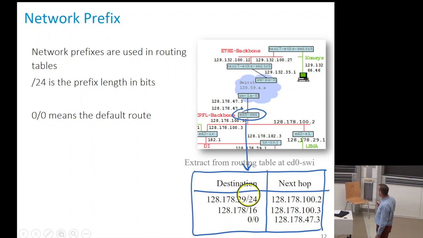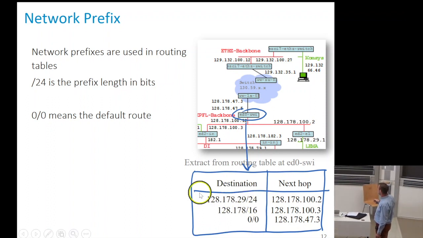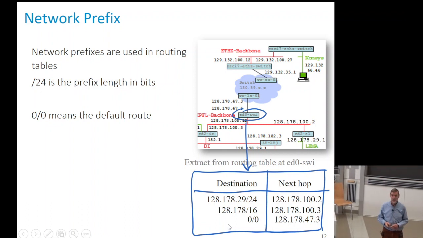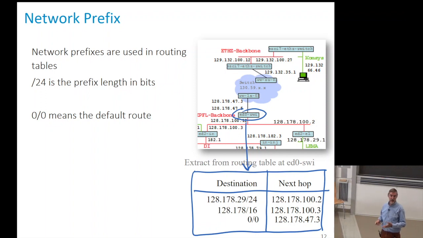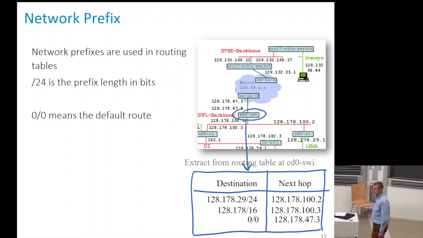Now, this string is obviously dotted decimal, so we should interpret it as 3 times 8 bits, written in decimal. 3 times 8 is exactly 24, so this is exactly this string here. This one is a /16, and this one, /0, means the empty string, 0 bits, and the empty string means it matches anything. Any destination address matches this entry.